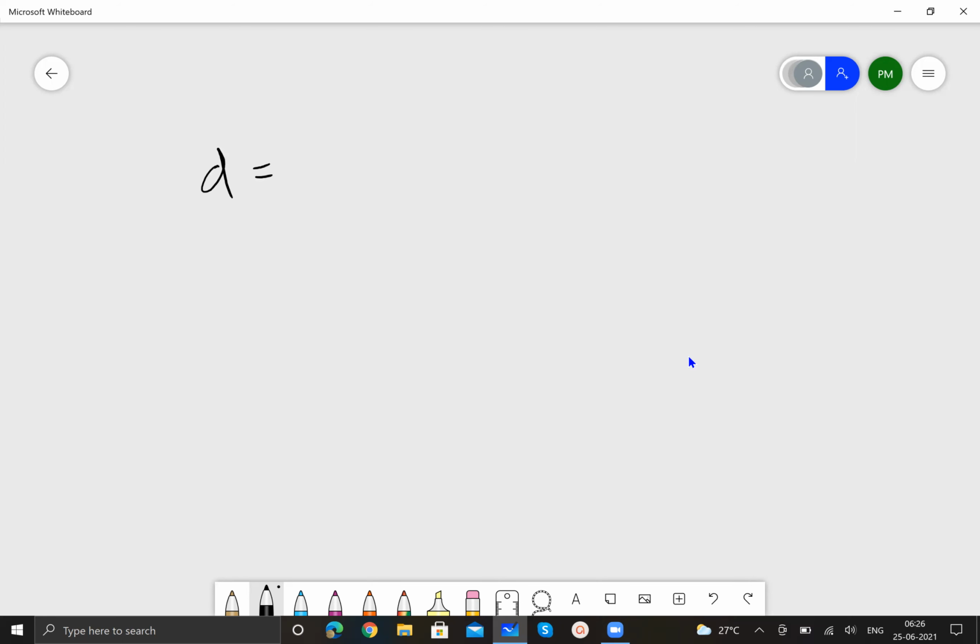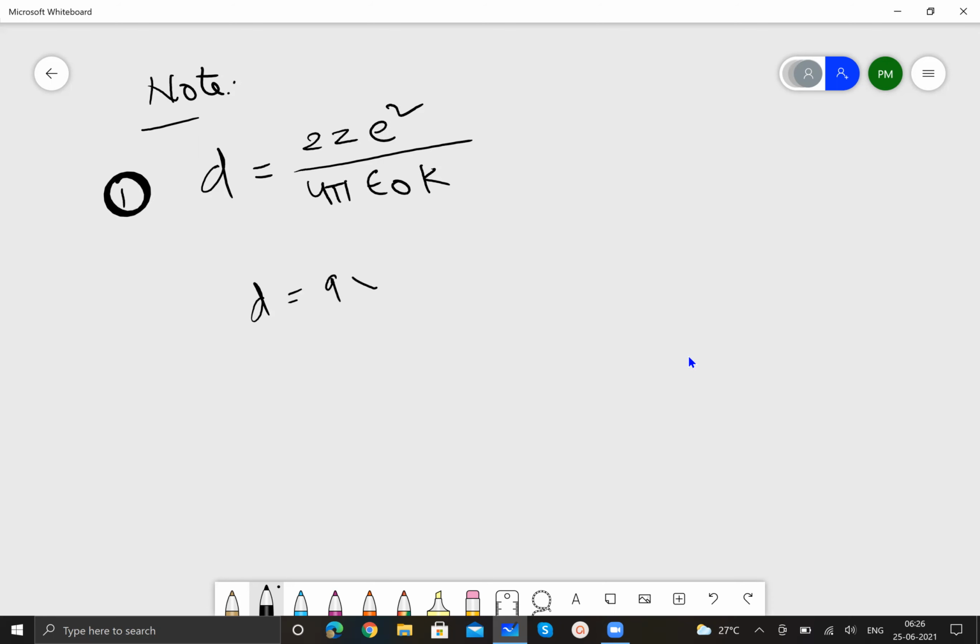You can put a note and write down: 2ZE square by 4 pi epsilon 0 K. So in the exams, if you want to use it, I gave you this 9 into 10 to the power of 9 into 2Z, that is 18 into 10 to the power of 9 ZE square by K. So this is the direct formula for the calculation of distance of closest approach.